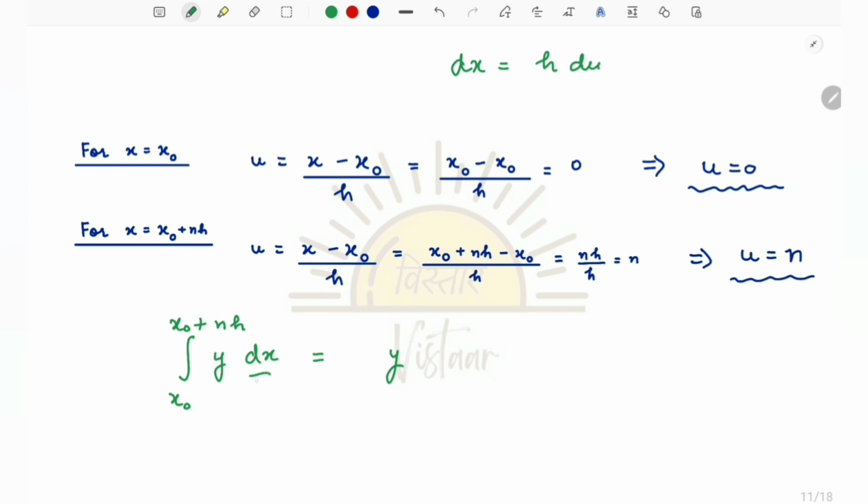So in place of this dx we will write h times du, and the limits are now 0 to n. As this h is constant, it will be taken outside and we will expand this y using the Newton forward interpolation method, and we will now integrate with respect to u.